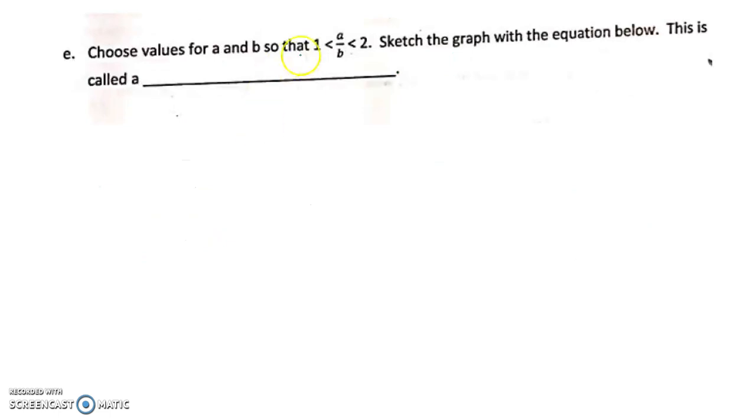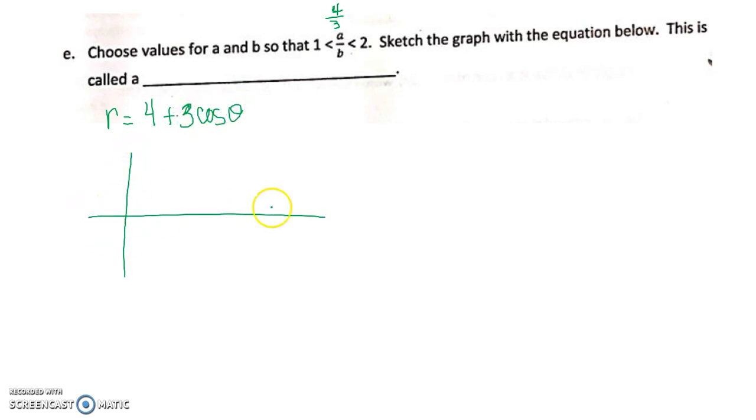The next one, you want a over b to be more than 1 but less than 2. So I thought of 4/3 because that's more than 1 but less than 2. So my equation is r equals 4 plus 3 cosine theta. Just like it has for all of these, your y-axis is going to be coming up that a distance.